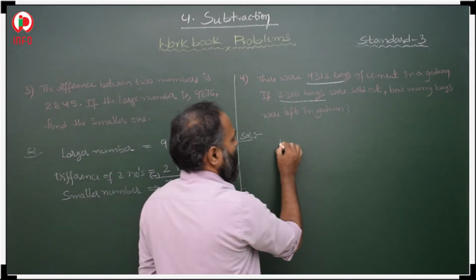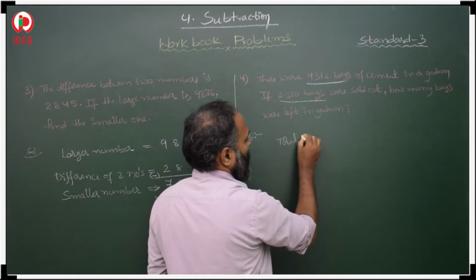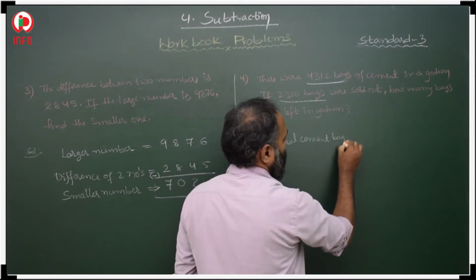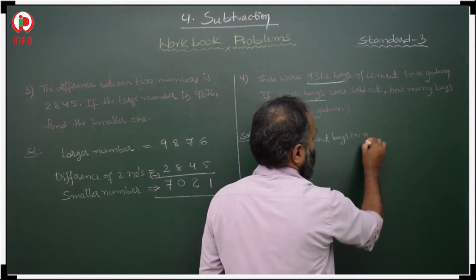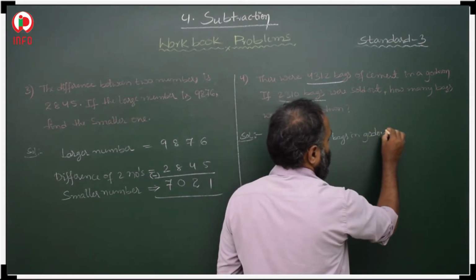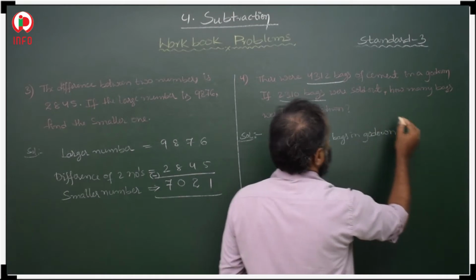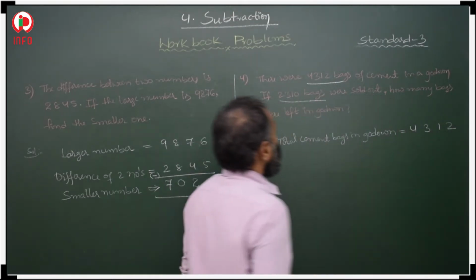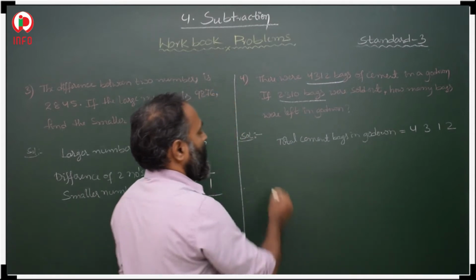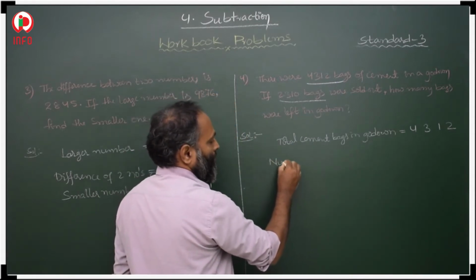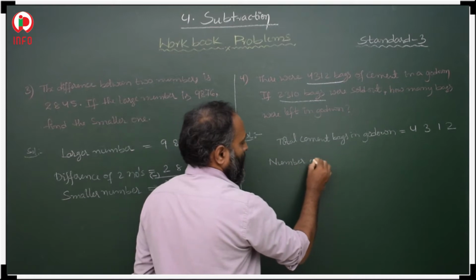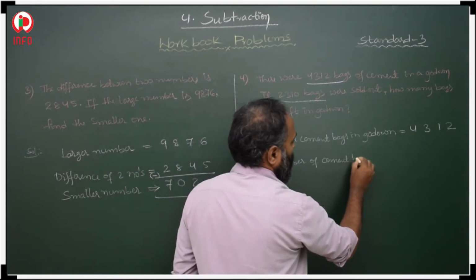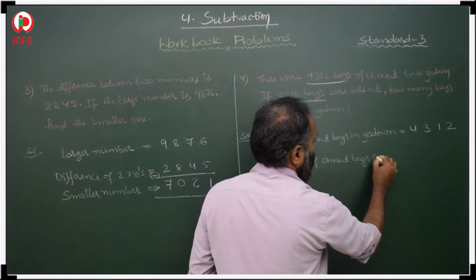Total cement bags in the godown. How many bags were there? 4,312. Then the number of cement bags sold.